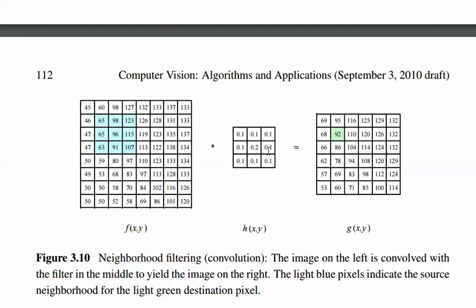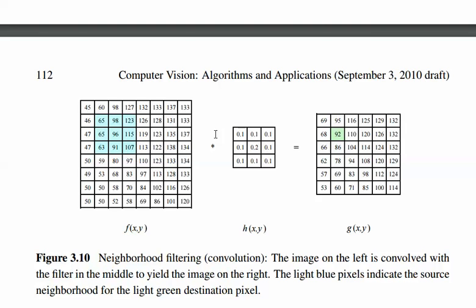We place the mask on top of one of the given pixels. Let's say that the point 0,2 is the center of that mask, and we're going to apply the convolution on pixel 96. The idea is that we're going to use all the pixels that are around.